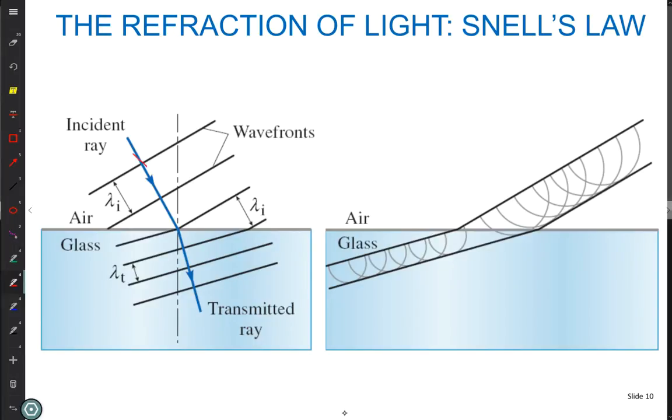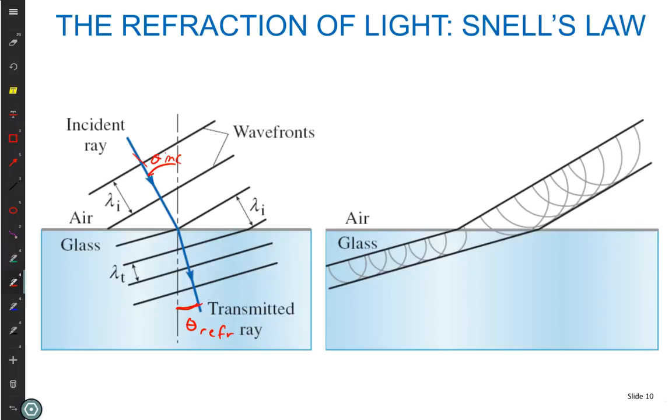So when the light goes into the glass, it's going to bend, so the angle of transmission here, we call this the angle of refraction. You have to go to the fourth letter to differentiate reflection from refraction. The angle of refraction is closer to the normal than the angle of incidence.